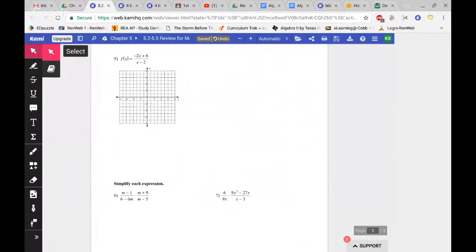Okay. So for the horizontal asymptote, once again, we're going to compare the degree of the top and the degree of the bottom, the numerator and the denominator. So what's the understood degree at the top?